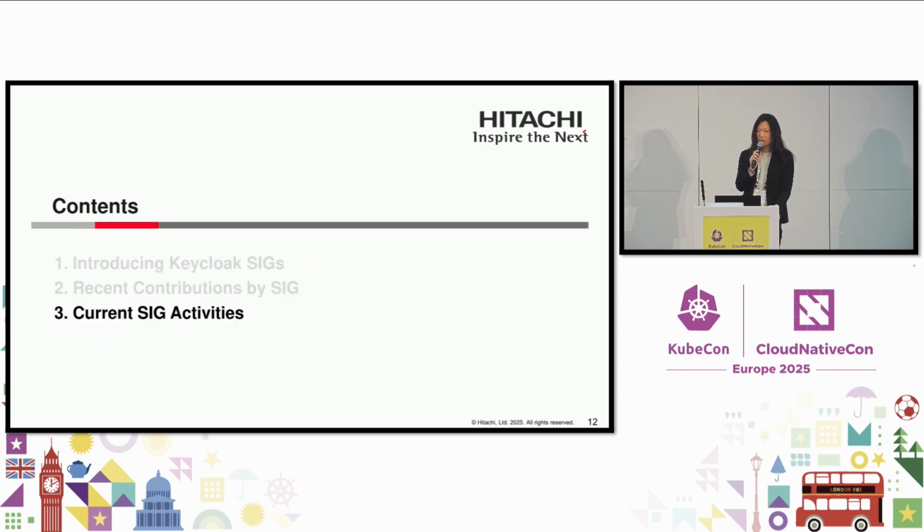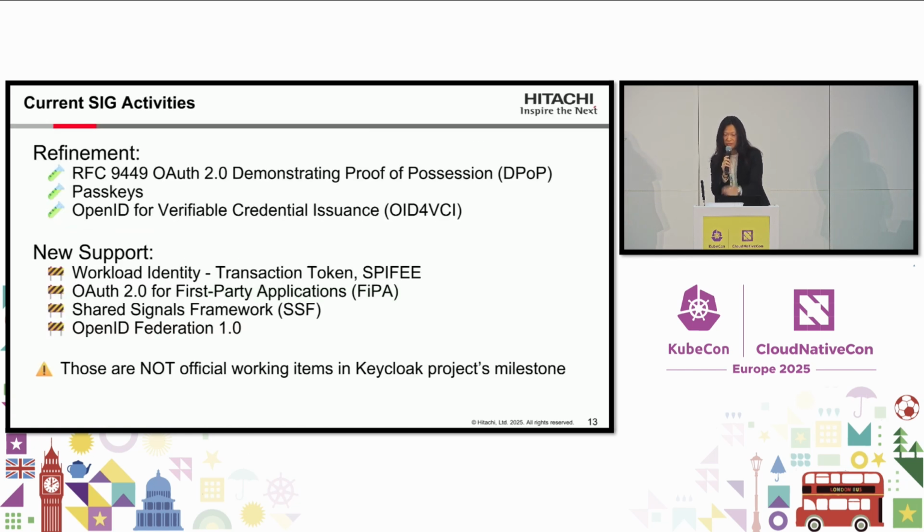Finally, I would like to briefly introduce to you the current OAuth SIG activity. The OAuth SIG is now trying to add support for the following new security specifications: for workload identity, Transaction Tokens and SPIFFE; OAuth 2 for First-Party Applications, called FiPA; the Shared Signals Framework, called SSF, defined by the OpenID Foundation; and OpenID Federation, also defined by the OpenID Foundation.